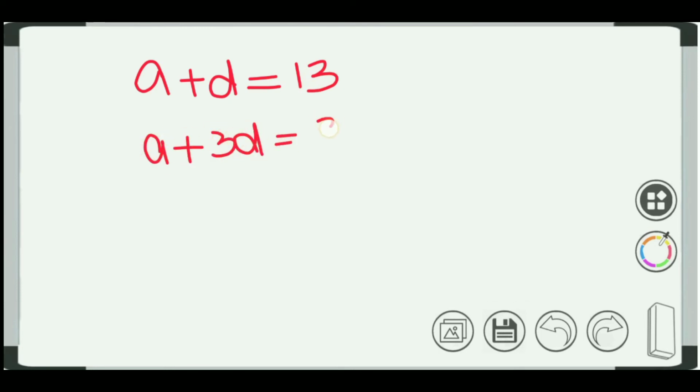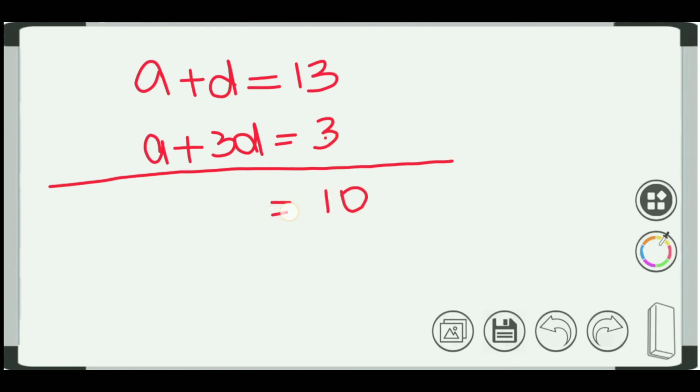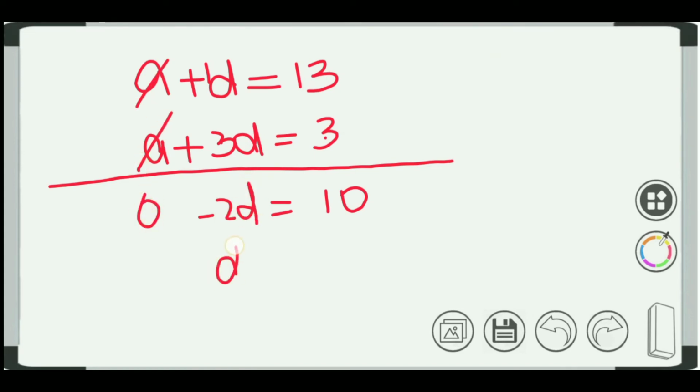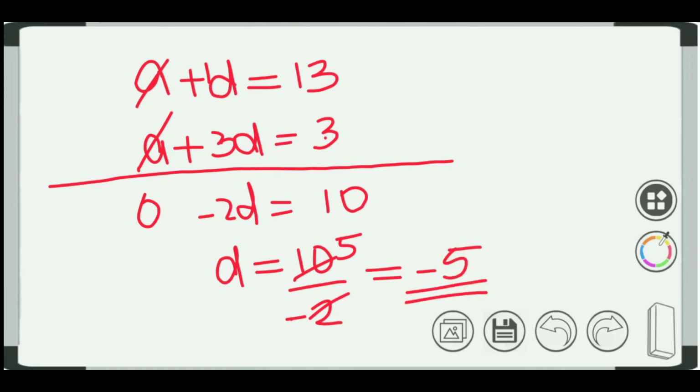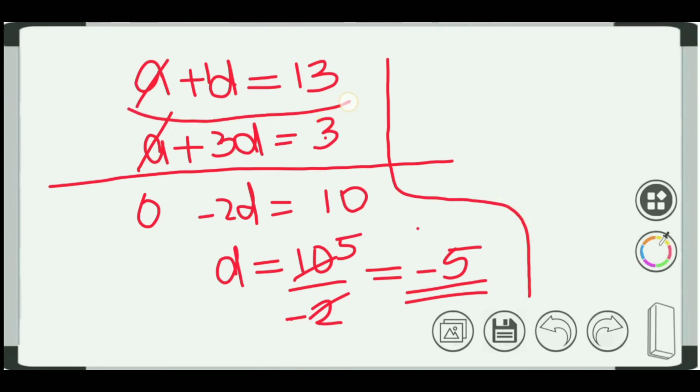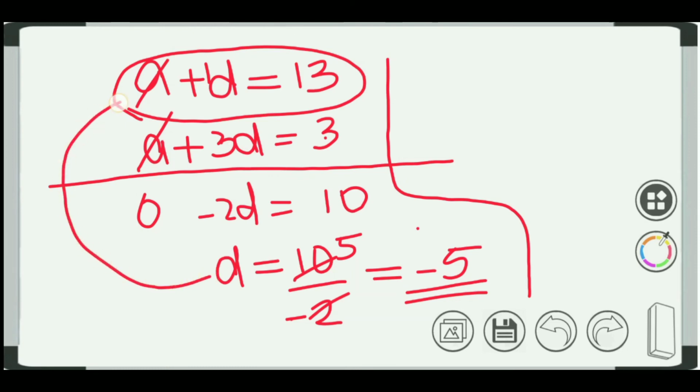I am subtracting: 13 minus 3, 10. 1 minus 3, minus 2d. A got cancelled. Therefore, d equal to 10 divided by minus 2, which is minus 5. You got the value of d as minus 5. Can you find the value of a? Yes, you can put this value of d in any equation. I am substituting the value of d in the first equation.